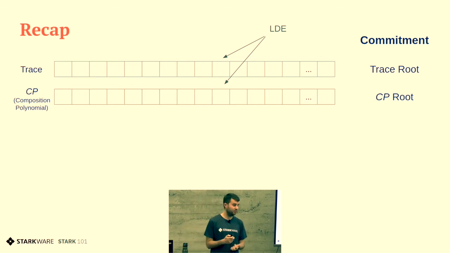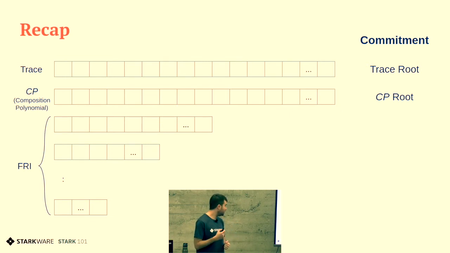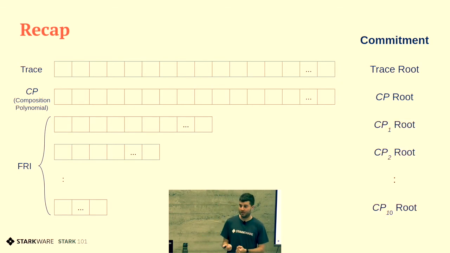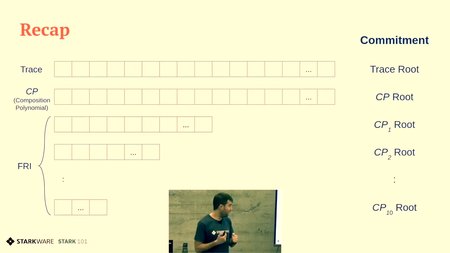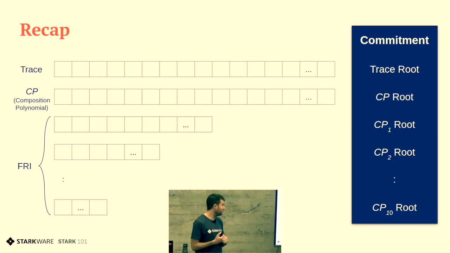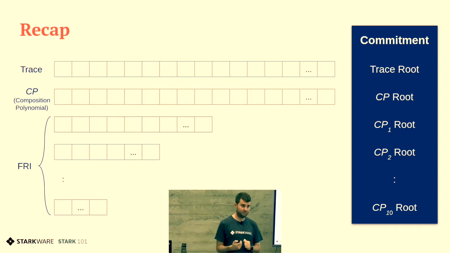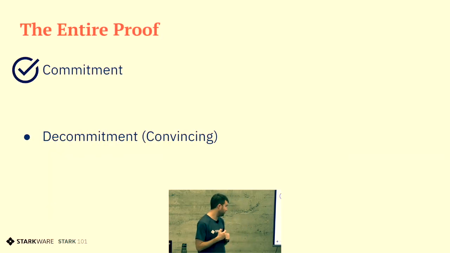Then in the last talk, we computed each FRI layer, CP1, CP2 until CP10. And for each layer, we committed to that layer by sending the CP root at level I. So until now, what we actually did is to send all those commitments from the prover to the verifier. We sent the trace root, the CP root, and the CP1 until CP10 roots. This is what we've sent to the verifier from the prover.